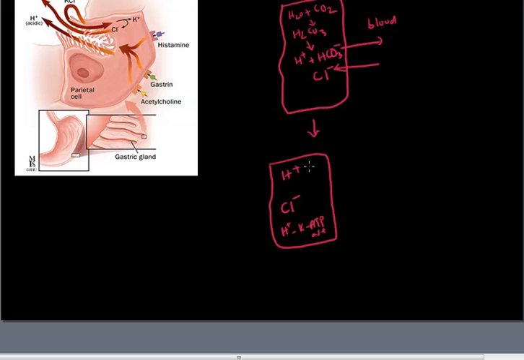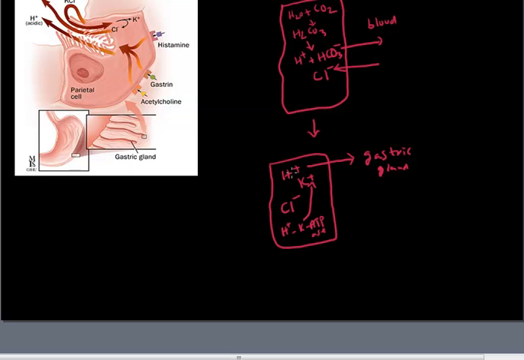In the next step, the hydrogen ion leaves the parietal cell and enters the gastric glands of the stomach. And once the hydrogen ion, or the proton, leaves the parietal cell and enters the gastric gland, it is exchanged for a potassium ion. A potassium ion takes its place.